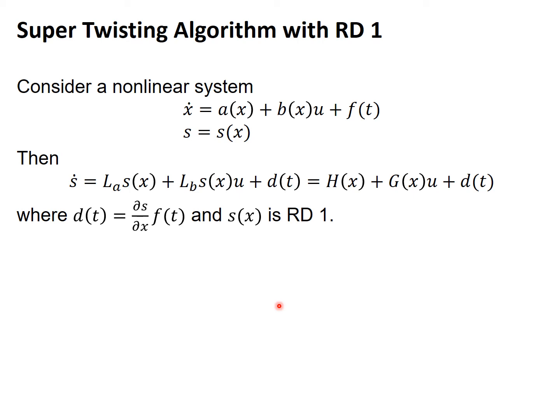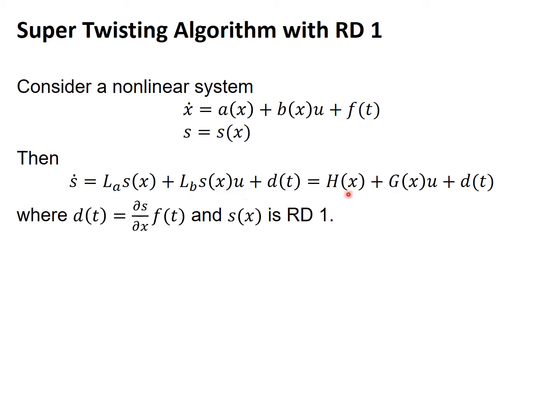So we have a general nonlinear system like this: ax plus bx u plus ft. We define a sliding variable sx which is relative degree 1. So then s dot will be like this, and this part will be non-zero.